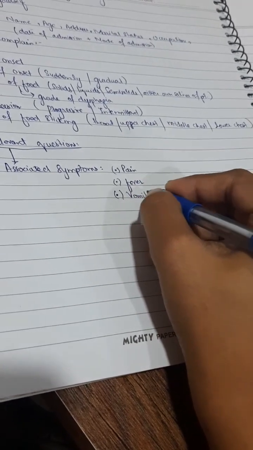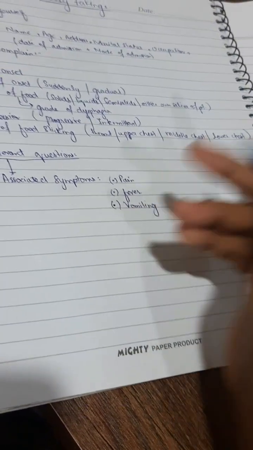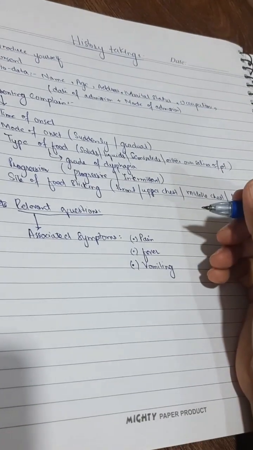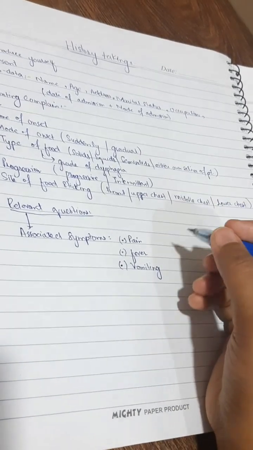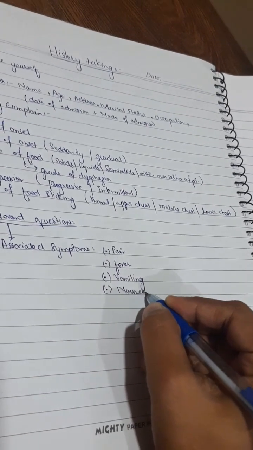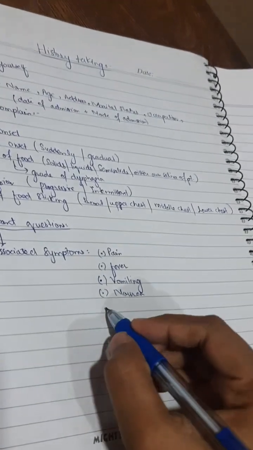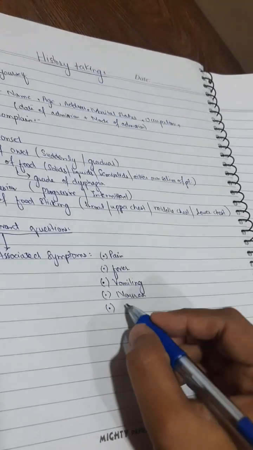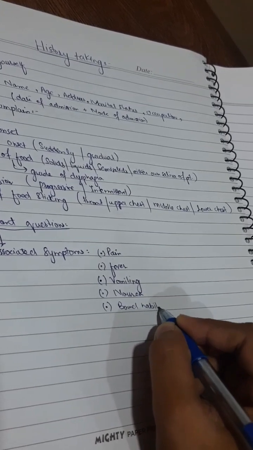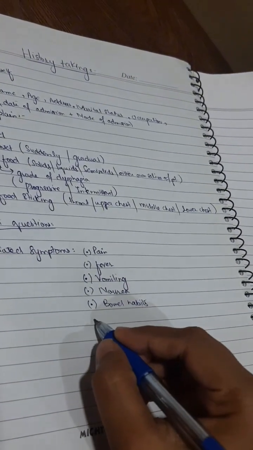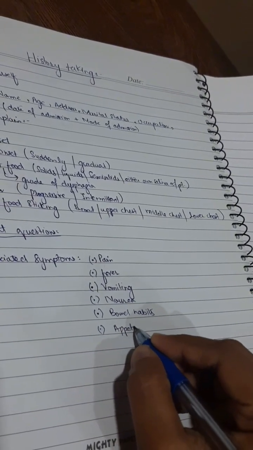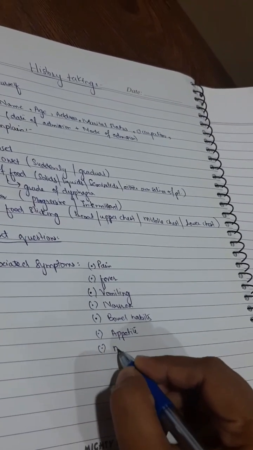vomiting, nausea, and bowel habits, and appetite, malaise.